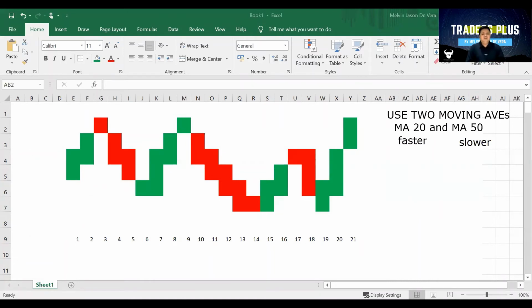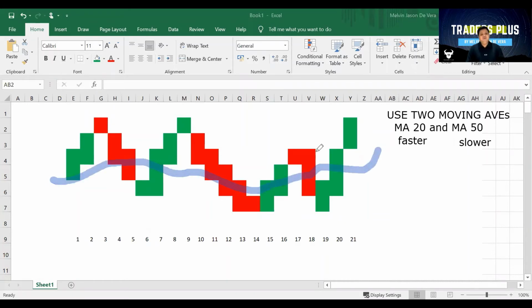Okay. Now, syempre kailangan magkaibang kulay. So, let's say yung aking red, okay? Para pareho natin sa blue na lang. Let's say the blue is my MA20. So, plot.